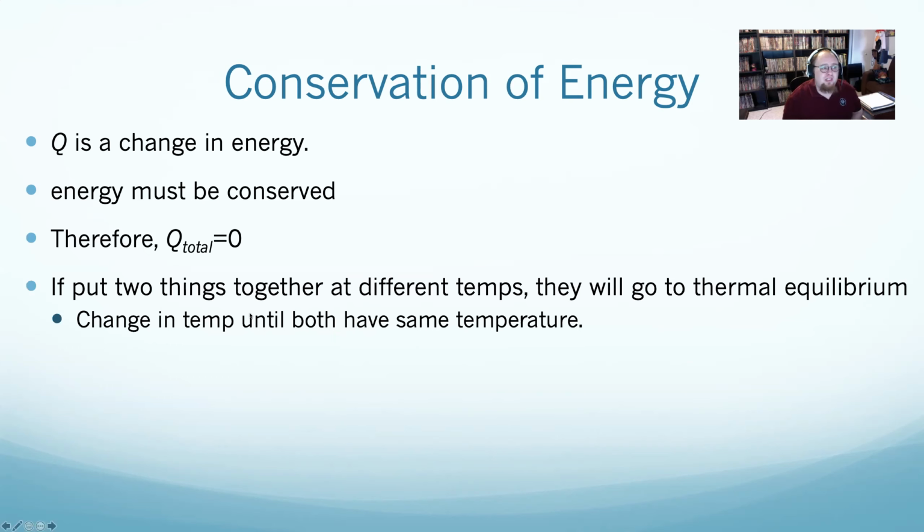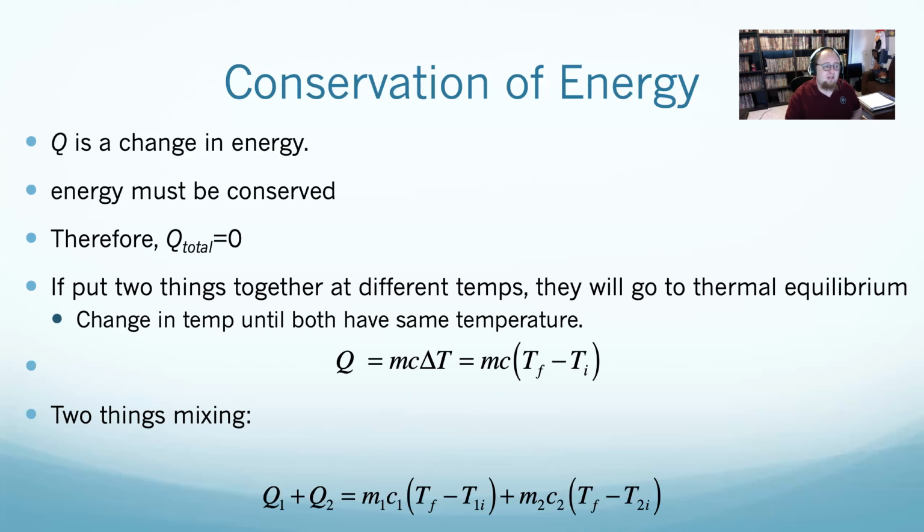Anytime you put two or more things together, if you give them enough time, they will go to thermal equilibrium. The hot thing will give away heat and the cold thing will take heat so that the final temperature is the same. Using Q equals mc delta T, if you mix two things, you'll say mc delta T of one thing plus mc delta T of the other thing, where T final is the same for both things.